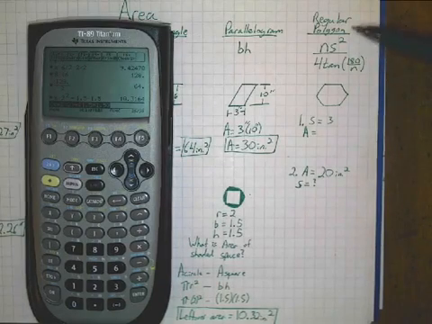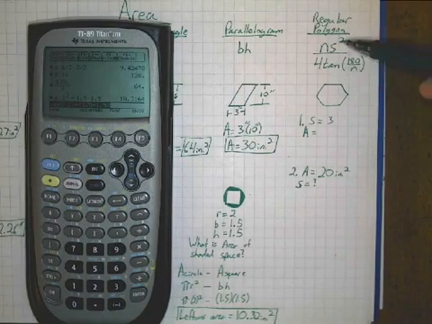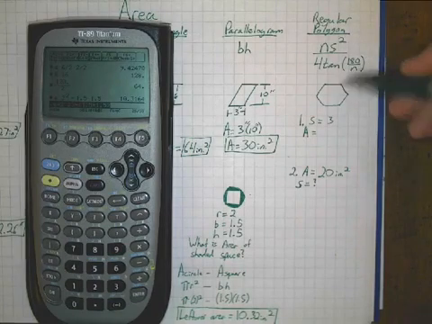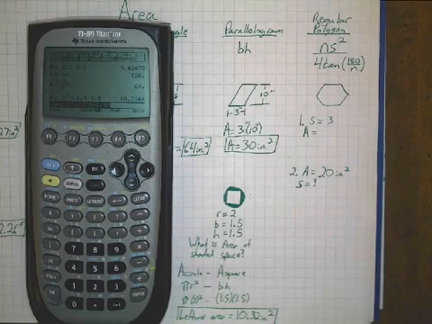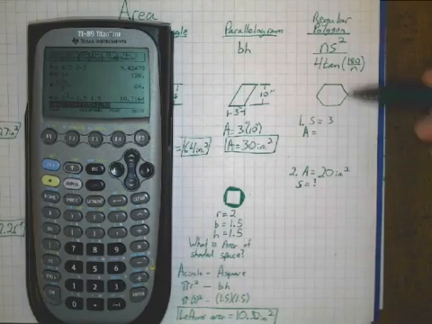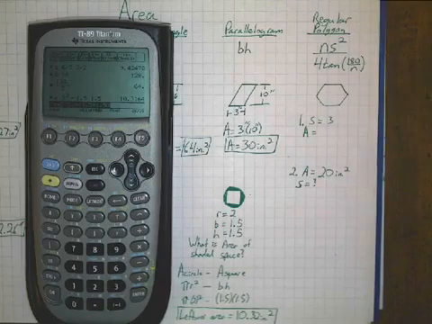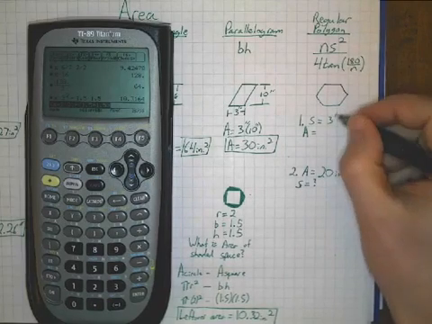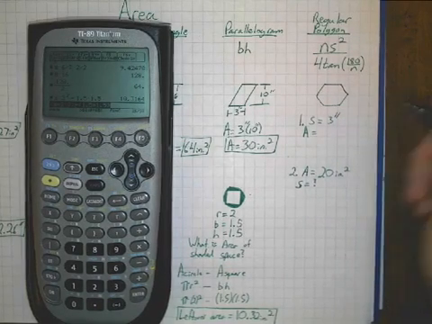All right, finally, we've got a little bit of a different equation here with our regular polygon. Now, a regular polygon, as a reminder, means we have a polygon, a shape with any number of sides, and all of those sides are the same length. So in this case, I have a hexagon with 1, 2, 3, 4, 5, 6 sides, and I know my side length is 3 inches for every single side. That makes it regular.